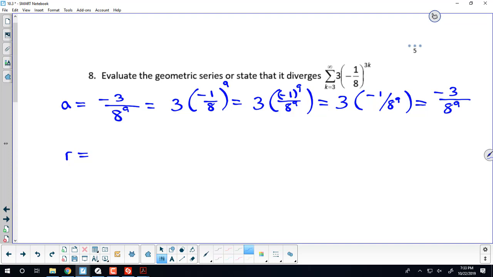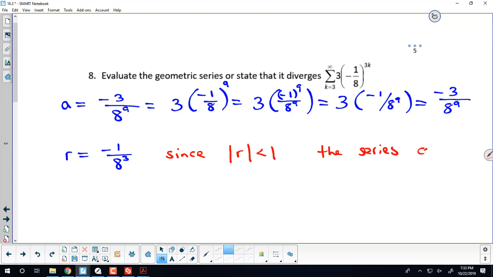Negative 1 over 8 to the third, right? Negative 1 over 8 cubed. Was everybody able to identify those? I mean, that's really what you need to identify. And here, again, we're saying that this particular geometric series converges since the absolute value of r is less than 1.